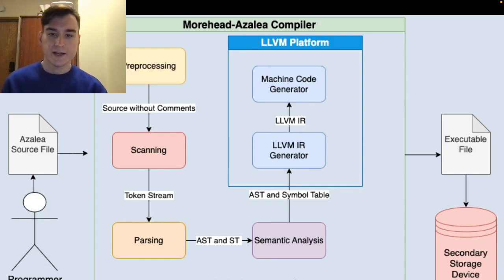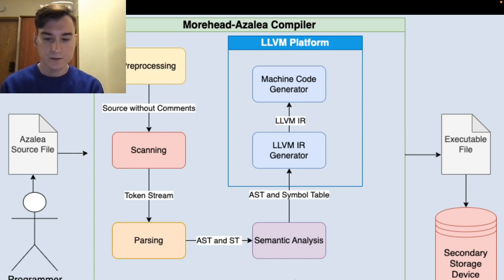And to summarize what we've said so far, here's a small diagram going over the project as it currently is and as I expect it to be. On the bottom left, we have a programmer who writes the Azalea source files, and then this gets fed into the Moorhead Azalea compiler. The first thing we do is preprocess this data. We then scan for tokens.